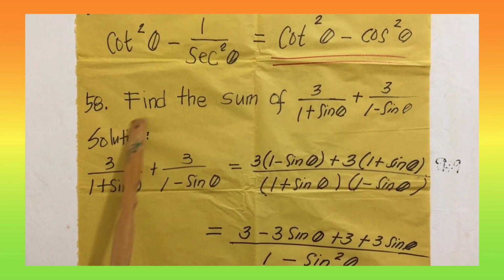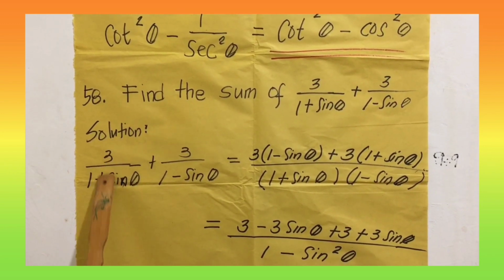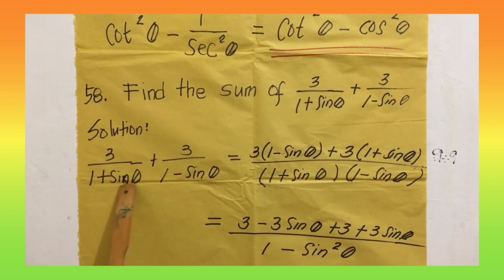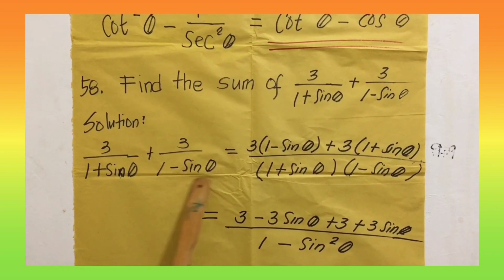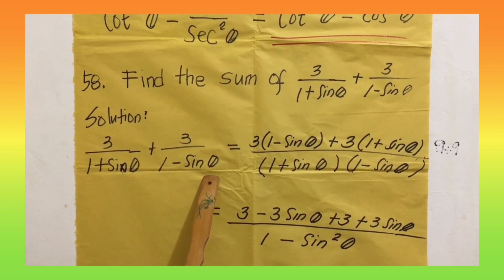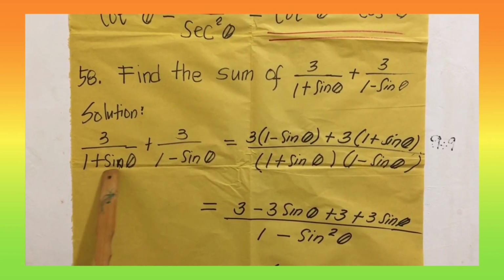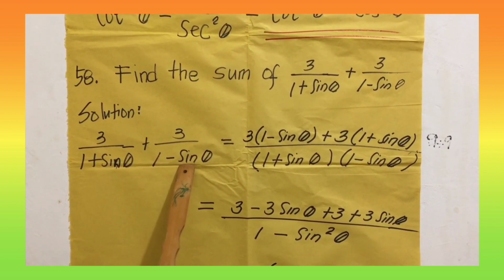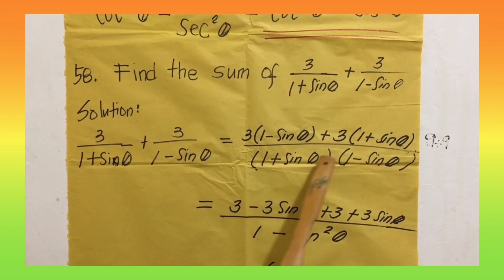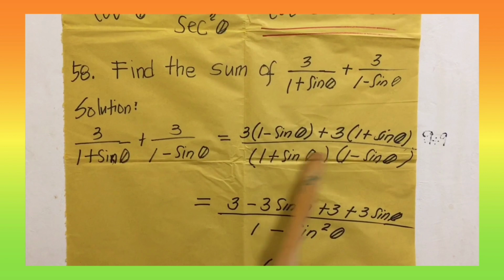The first thing you do is copy first for our solution. 3 over 1 plus sine theta plus 3 over 1 minus sine theta. And our first step is to find the LCD of 1 plus sine theta and 1 minus sine theta. So we write parentheses and copy.